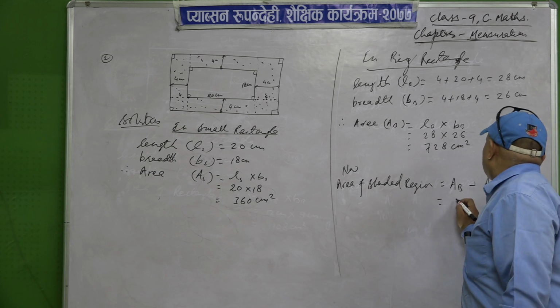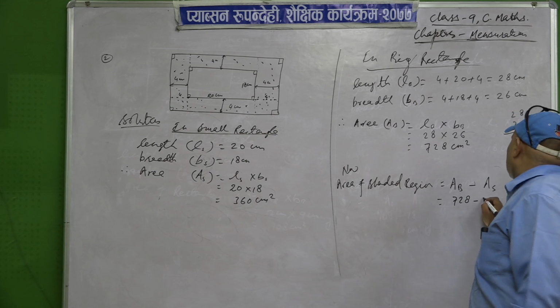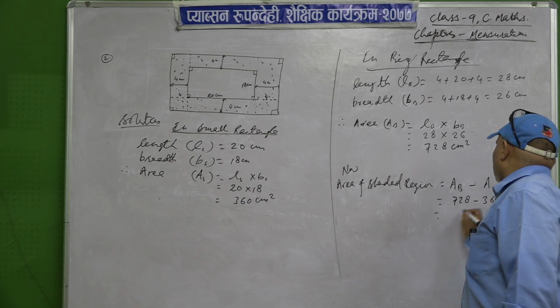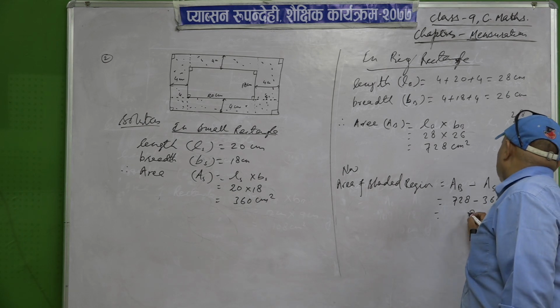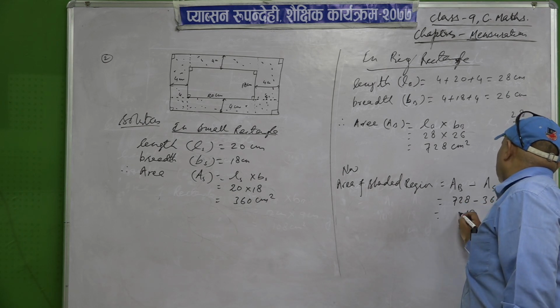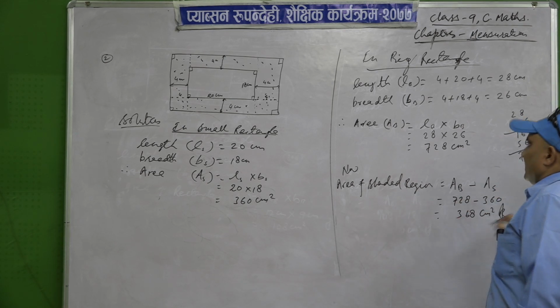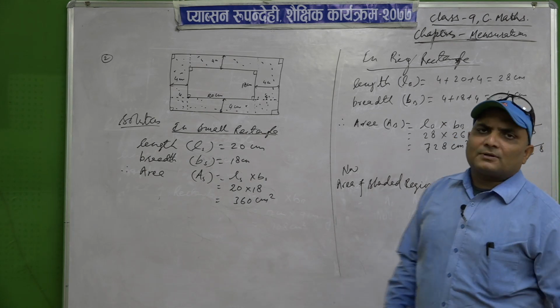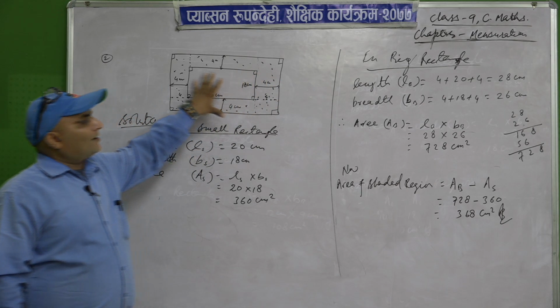The area of big rectangle is 728 minus area of small rectangle is 360. If we subtract 0 from 8, it will be 8, 12 minus 6, 6, 6 minus 3, 368. 368 will be the area of the common area of this uniform width, or the area of the shaded region.